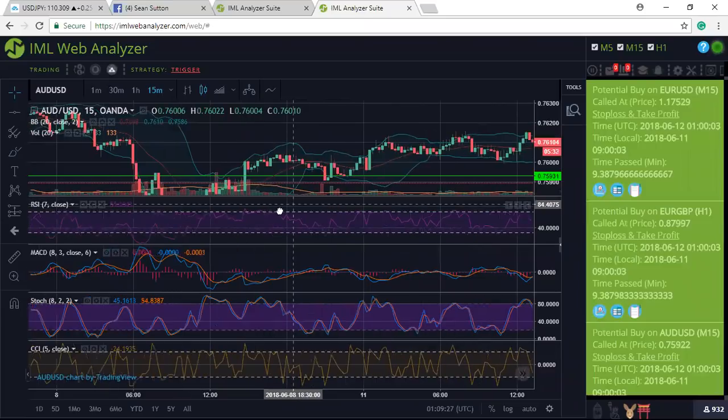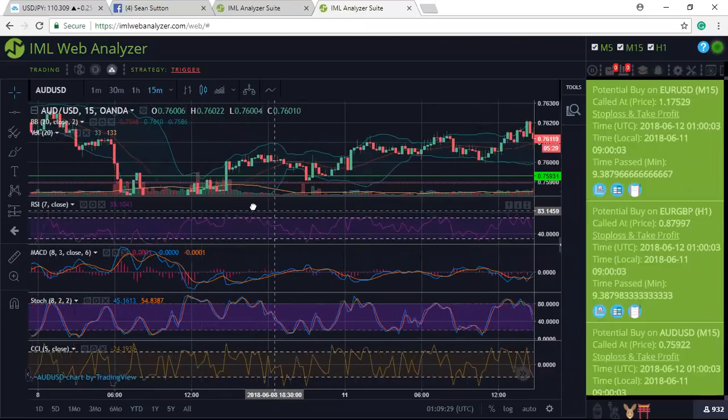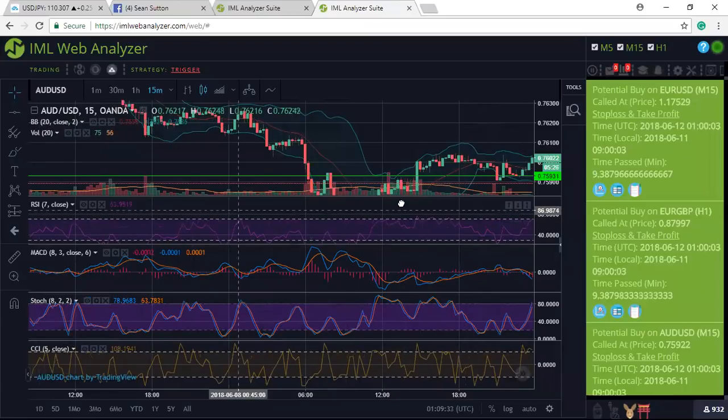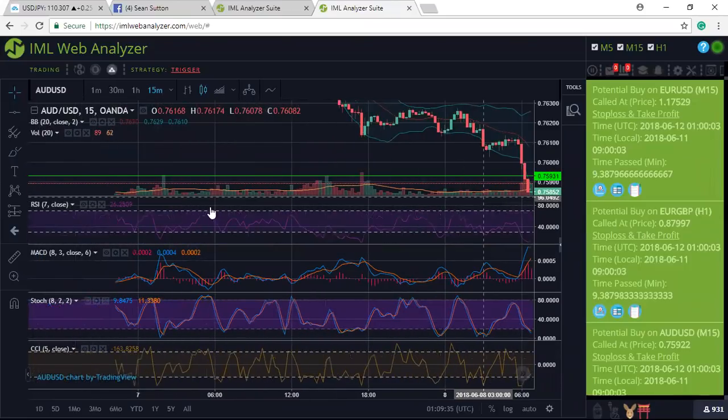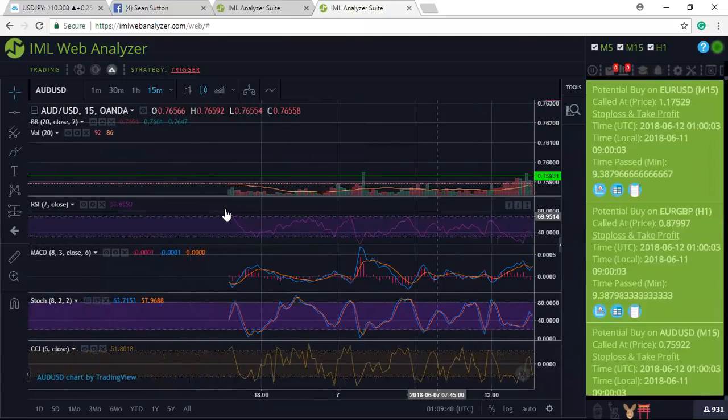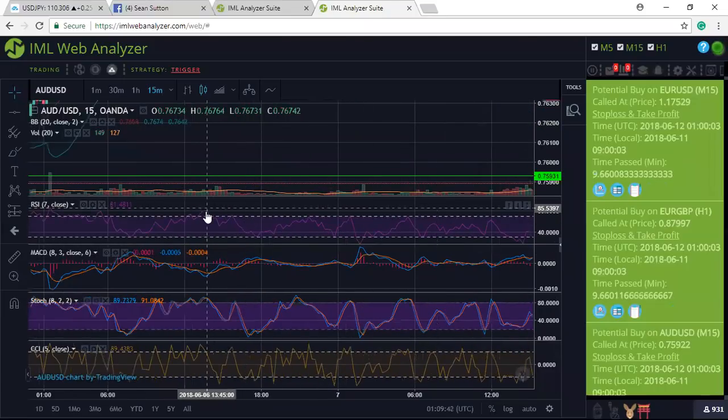See if I can find an area that looks a little clearer. All right, so right here is above 70. That is overbought territory. And then as you can see, it came down out of overbought territory because it's only going to hang out up there for so long.